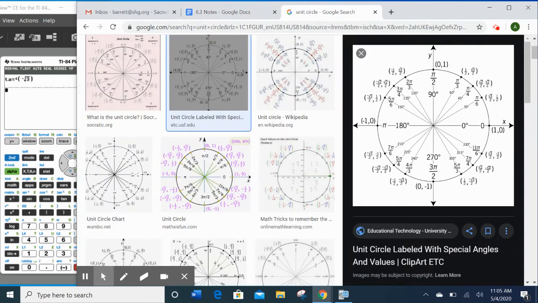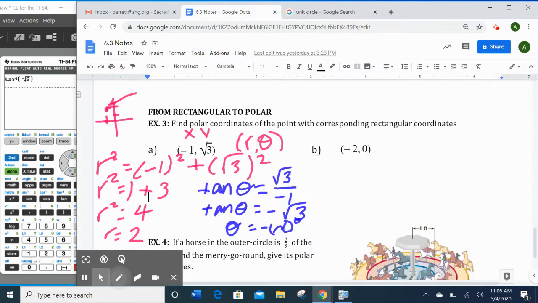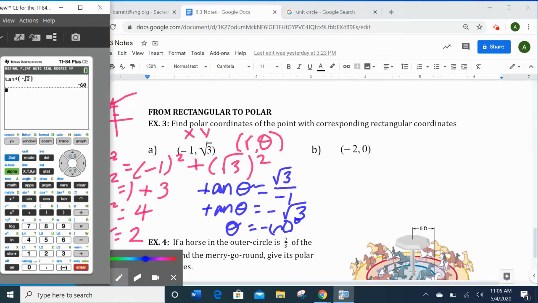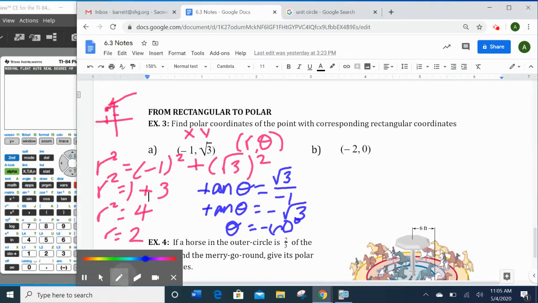The angle that is a 60-degree reference in quadrant 2 would actually be 120 degrees. So if I took the tangent of 120 degrees, I would get this -root 3 as my answer. It just puts it in decimal points. So it's still correct. Your calculator is only capable of giving you one answer. So I'm not going to use -60. I'm going to use that theta is 120 degrees.